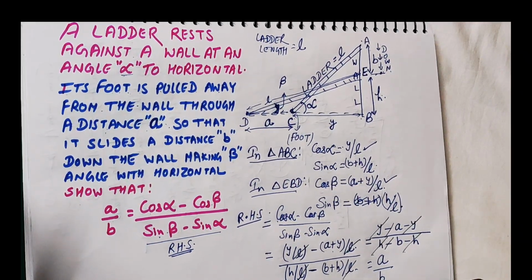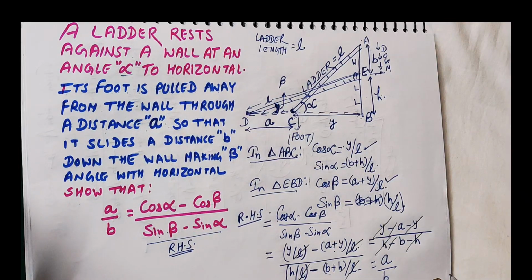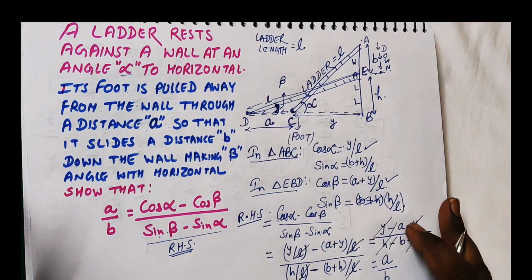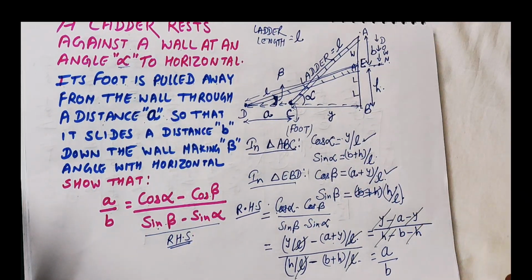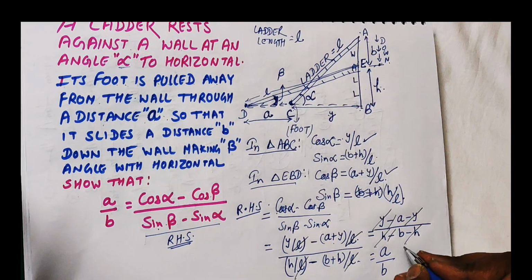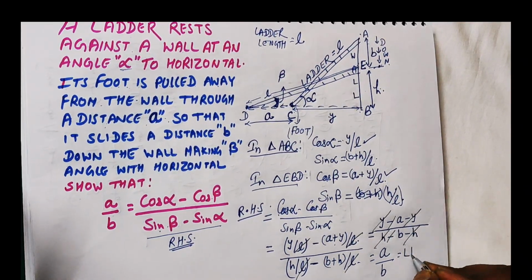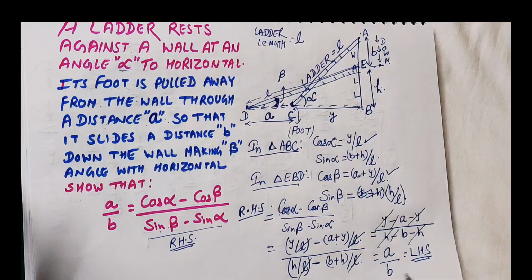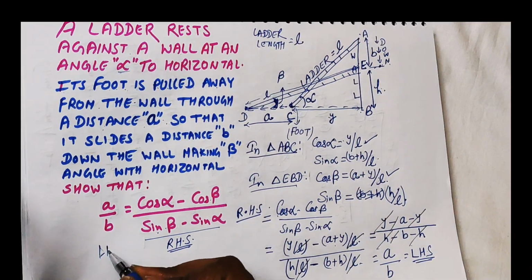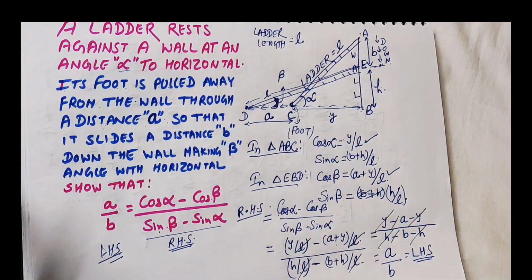So we are left with A by B. Yes, we have proved what we need to. So this is our LHS, and in this way we have solved this question, right? So this is the LHS, hence we proved what is required and asked in the question.